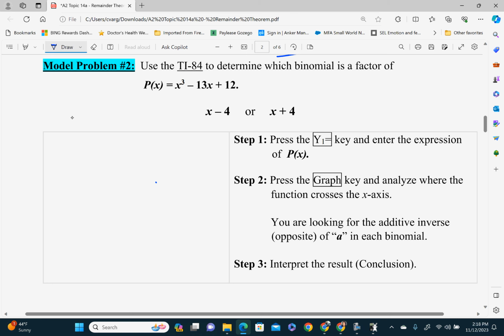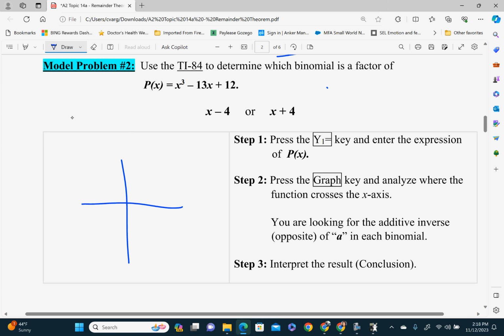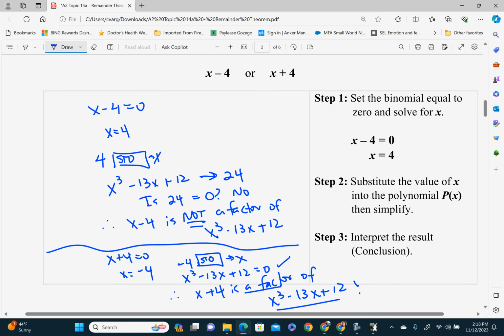Let's just recreate this right here. So the graph looks something like this. This number is at -4, this number is at 1, and this number is at 3. To find the factors, this is -4. If I put this into factored form, I'm going to switch the sign, just like I did over here.